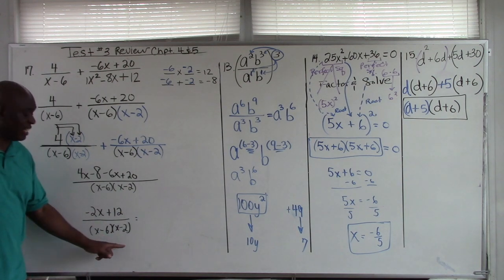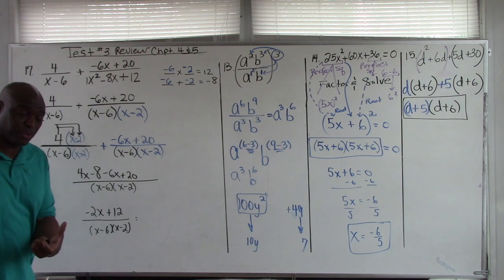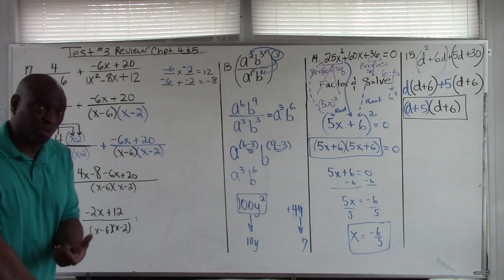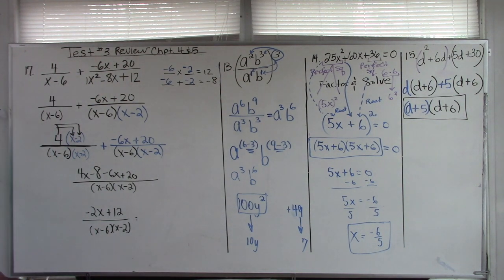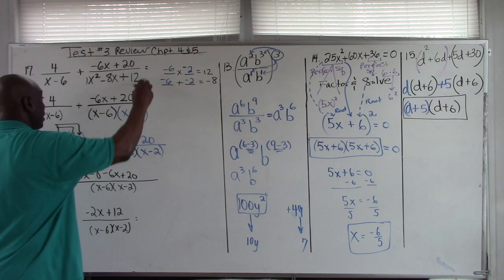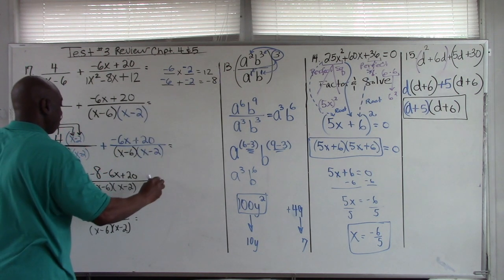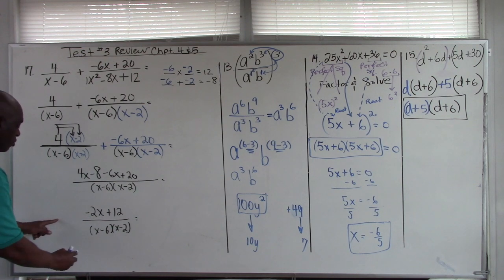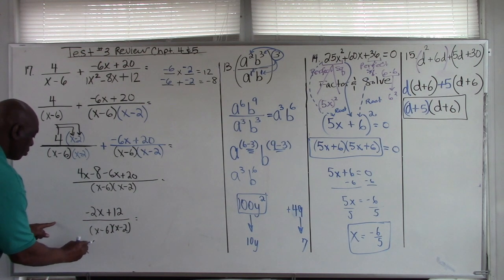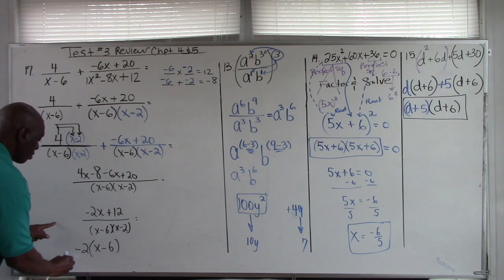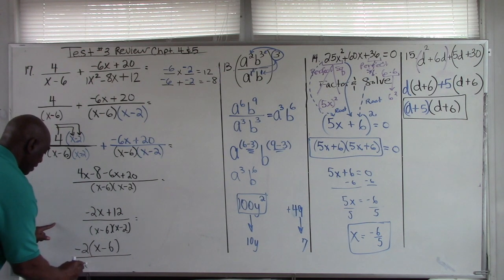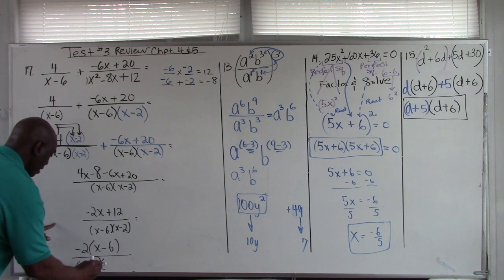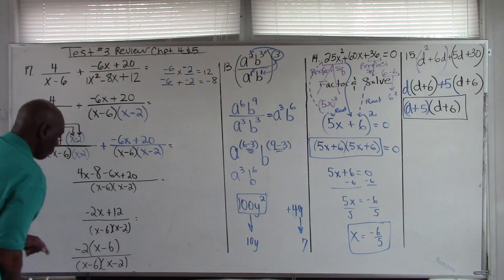Now, since our denominator is already factored, we look to factor our numerator. Okay, let's factor our numerator. From the numerator, you can factor out a negative 2. So it's going to be negative 2 times x minus 6, all divided by x minus 6 times x minus 2.